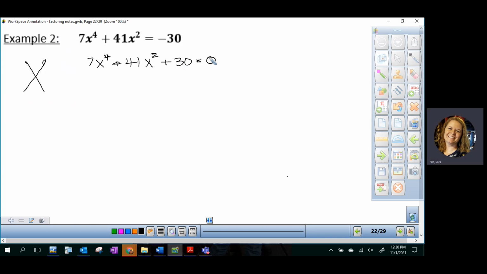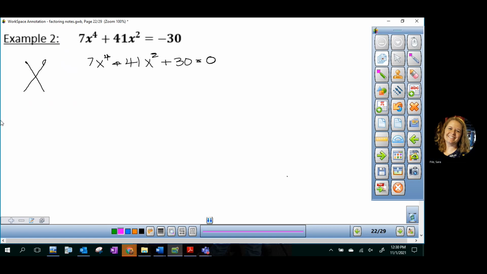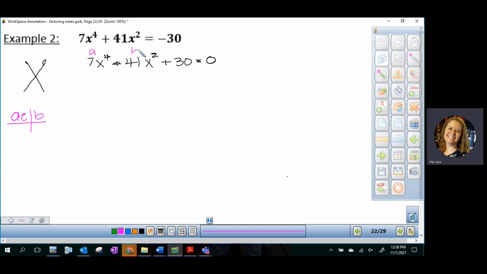Remember, you got to get everything to one side first, set equal to 0. You're going to start with a times c, no matter which method you use.